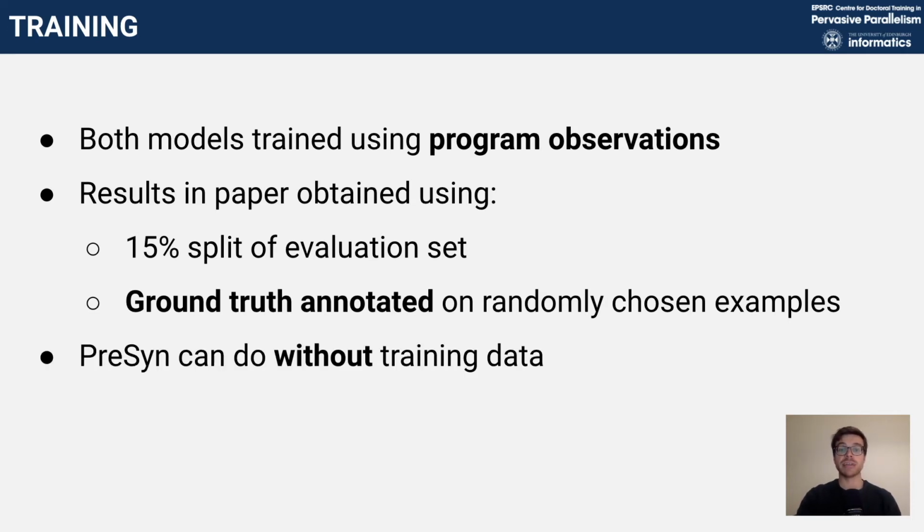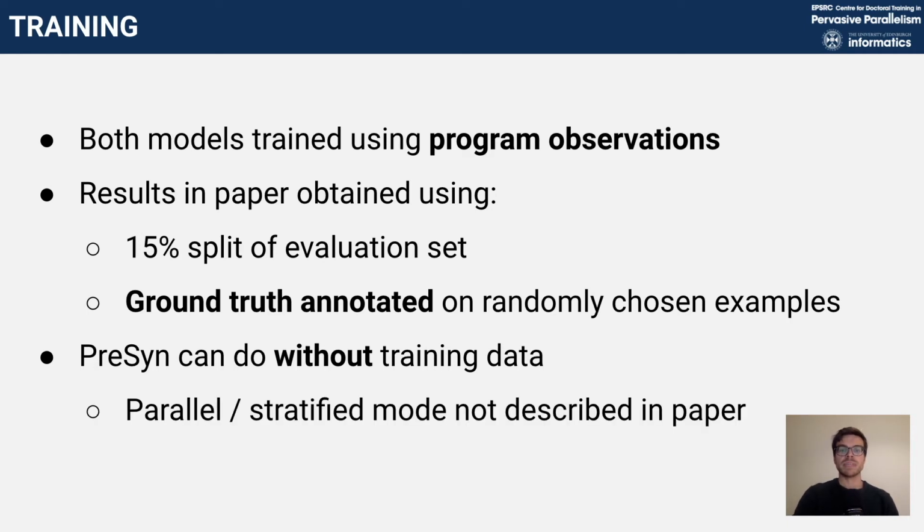This process can actually be done without upfront training data, but for space reasons we didn't include these results in the paper. Preston can operate in a stratified mode where synthesis of many programs is attempted in parallel, and the results from early successes are used to inform the models for later syntheses. We hope to elaborate on this in future work.